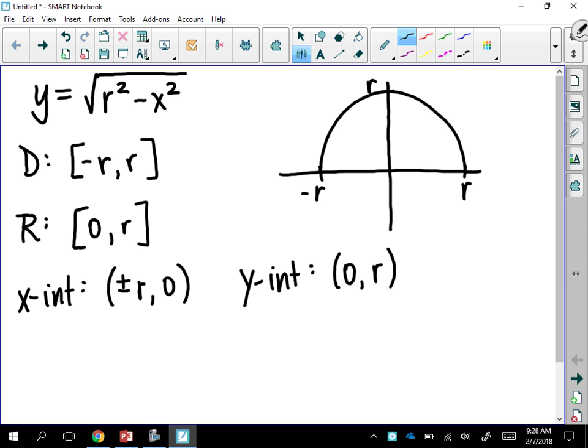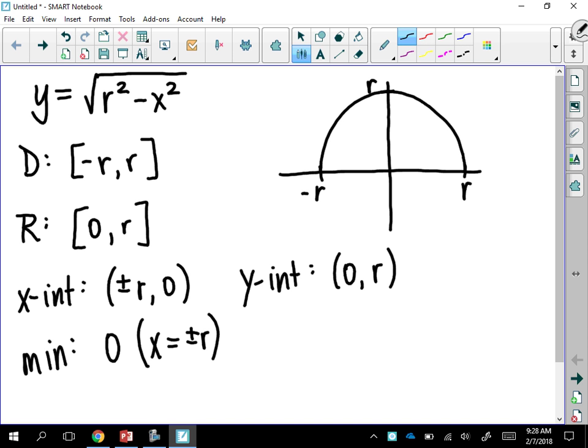The minimum is the y-coordinate, which is 0, and that occurs at both r and negative r. So the actual minimum value is always the y-coordinate. So the minimum is 0. You might want to write it this way: the minimum is 0, which occurs at x equals plus or minus r. The actual minimum is the y-coordinate.